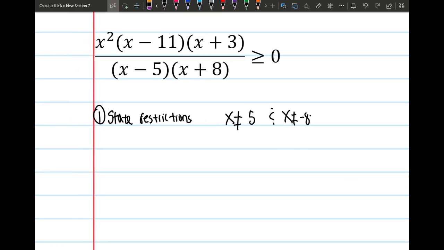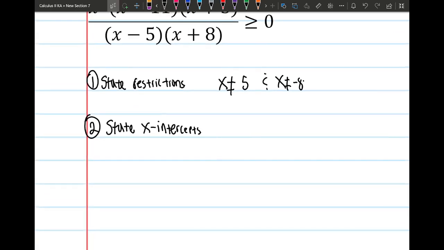And so then we also want to state our x-intercepts. And there's a reason for this, and it's because of the fact that this is a greater than or equal to symbol. So number 2, we want to state x-intercepts.